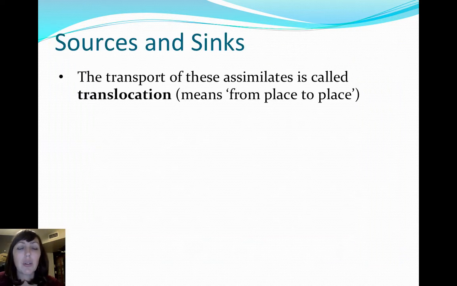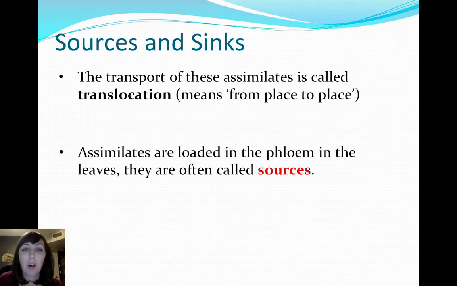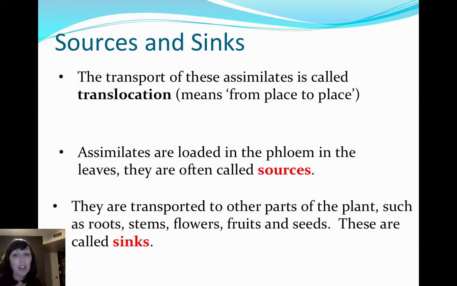Okay, so let's talk about sources and sinks. The transport of these assimilates is called translocation, okay, and that means from place to place. The assimilates are loaded in the phloem in leaves, and they're often called sources. So the place where the assimilates are loaded are called sources, and they're transported to other parts of the plants that need the assimilates or the food or the sucrose, such as the roots or stems, flowers, fruits, seeds, etc. And those places are called sinks.